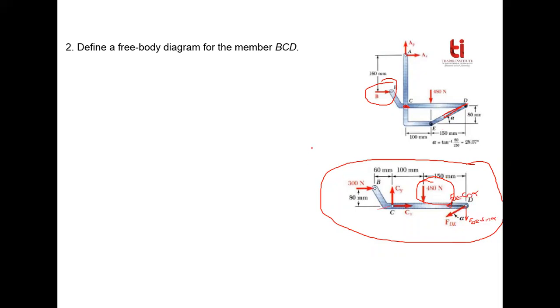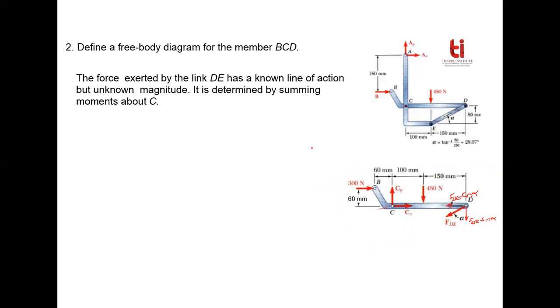So this is the FBD, and now we have to determine the FDE and CY and CX. So here you can see that this FDE component we have decomposed into its horizontal and vertical directions.